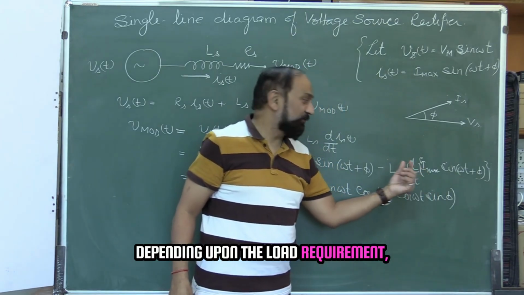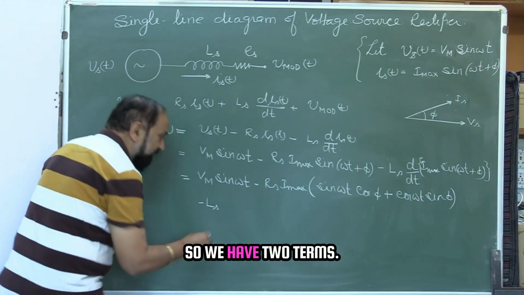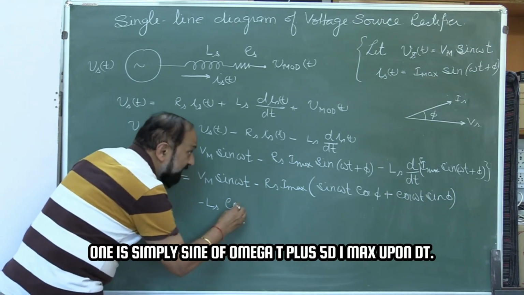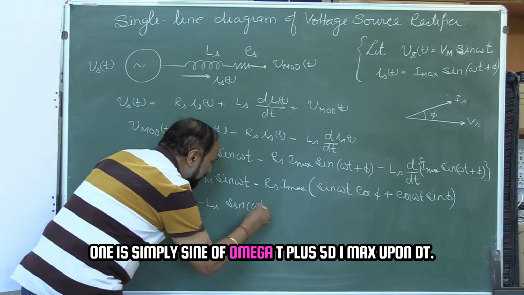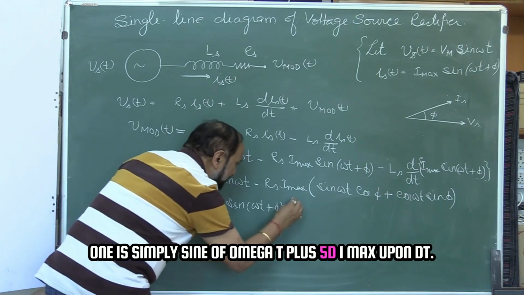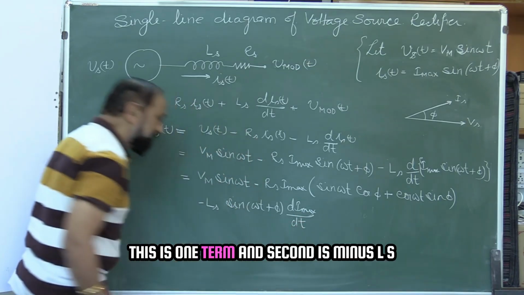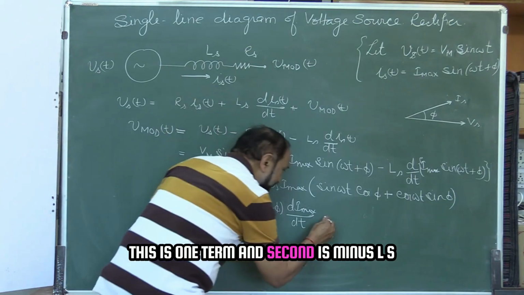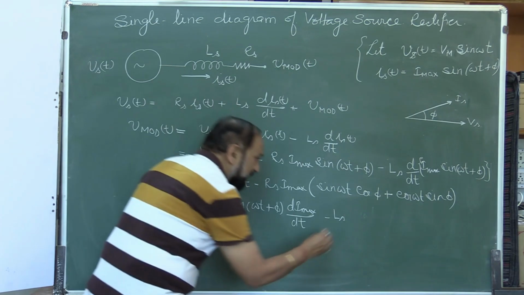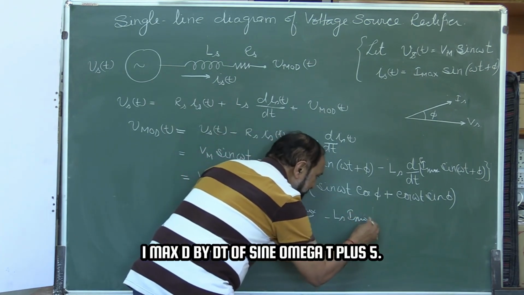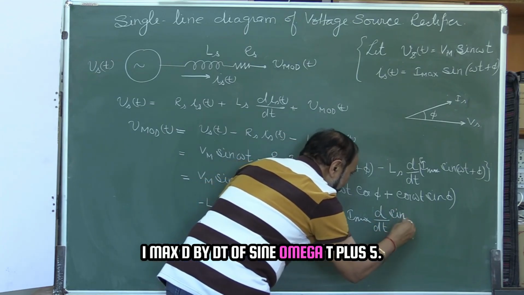Depending upon the load requirement, I max may keep on changing. So we have two terms. One is simply sine of omega t plus phi di max upon dt. This is one term. And second is minus Ls I max d by dt of sine omega t plus phi.